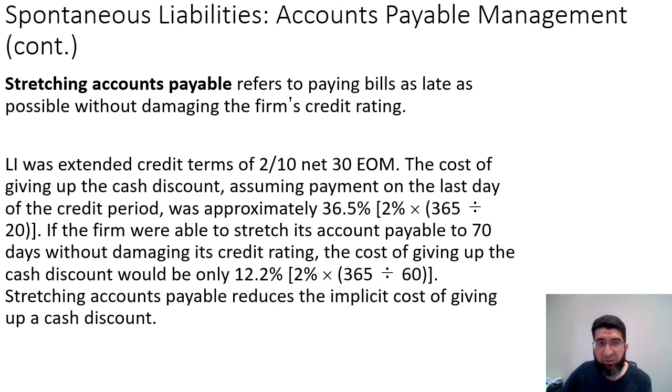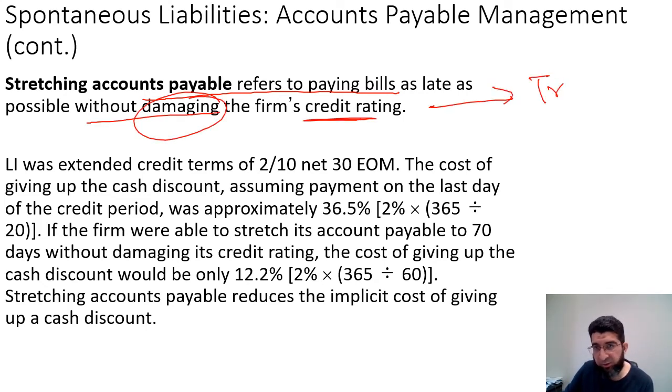Now, what happens if we stretch accounts payable? Stretching accounts payable refers to paying bills as late as possible without damaging the firm's credit rating, or what we call the trust. B was extended credit terms of 2/10 net 30 end of month. The cost of giving up the cash discount, assuming payment on the last day of the credit period, was approximately 36.5%.